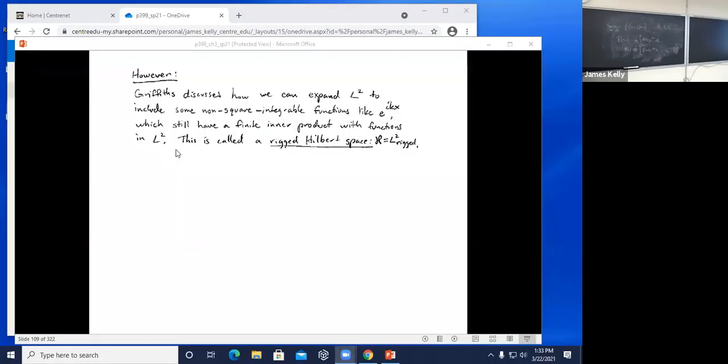And so we're not going to include those kinds of functions in this space. We really don't need them because we couldn't find the coefficients associated with them anyways. The integrals would diverge.